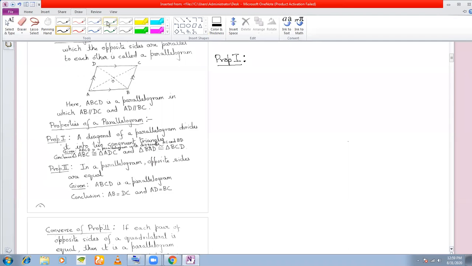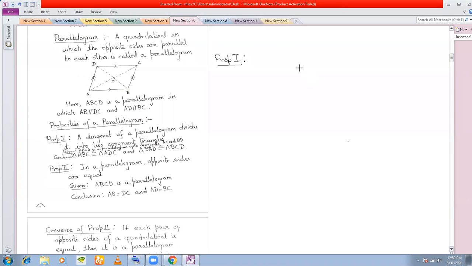Let us take this parallelogram ABCD. You know that this figure is a parallelogram, so I know that these two sides are parallel, and I also know that these two sides are parallel.